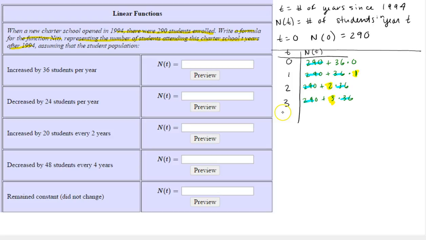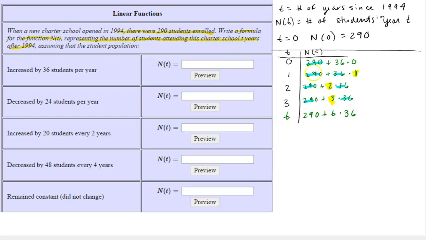So we can write that in general, in the tth year, we're using the letter t, we would have 290 plus t times 36.